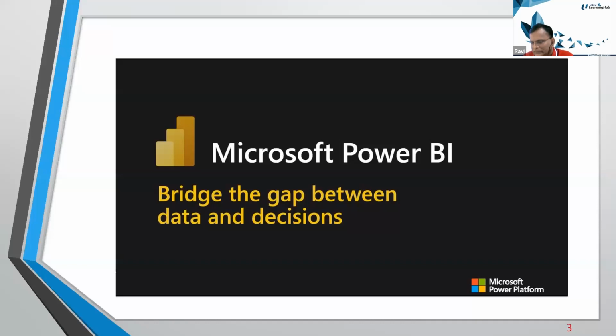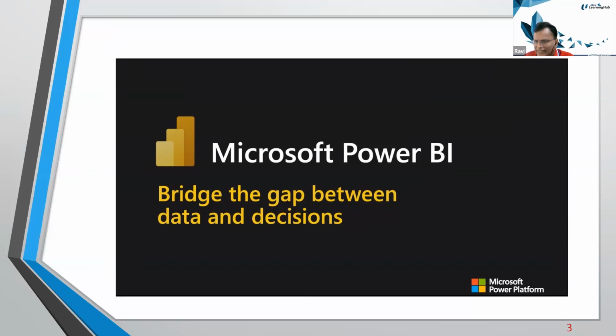Power BI is one of the components of Microsoft Power Platform. As you know, Microsoft Power Platform has about 4 or 5 components, and one of them, the core one, is Microsoft Power BI. Power BI is a data visualization tool. If you have used Excel, you would have used its charting feature, so we'll see how Power BI is different from Excel charts.